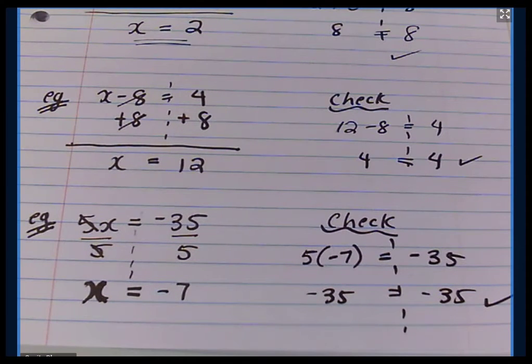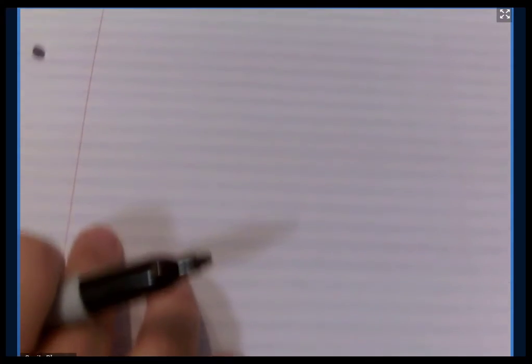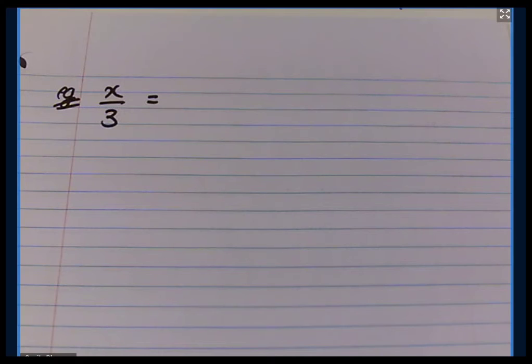And then our last type 1 we're looking at is division. When we have division, the opposite of division is multiplication. So our example is x divided by 3 is equal to negative 8.